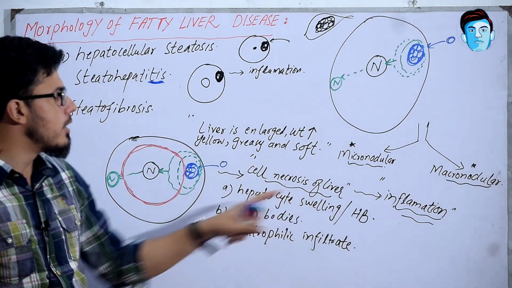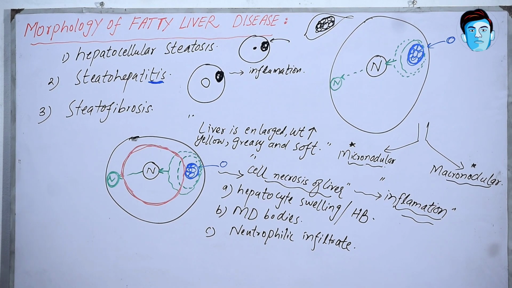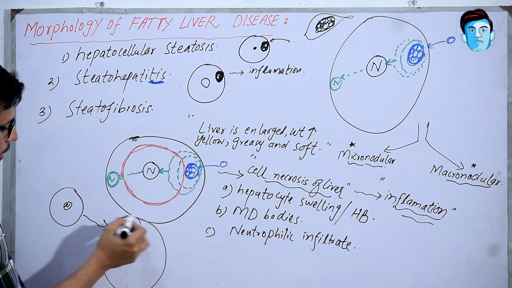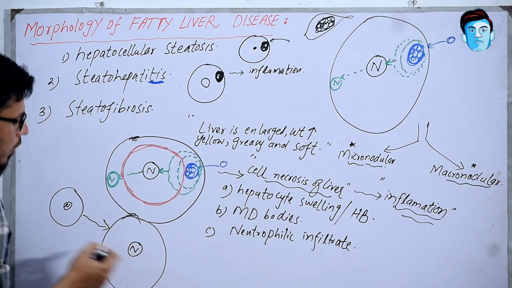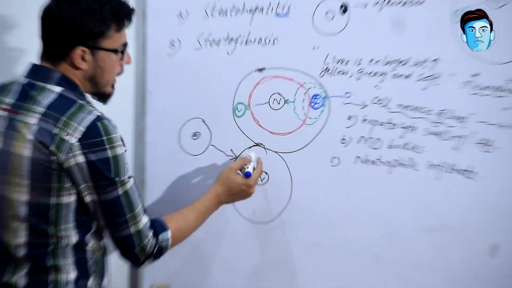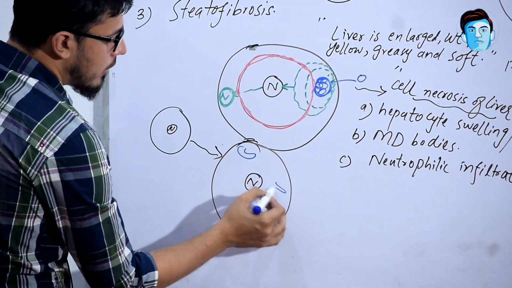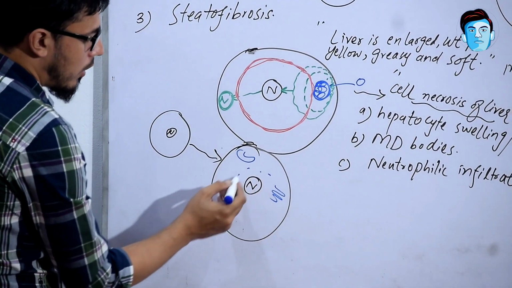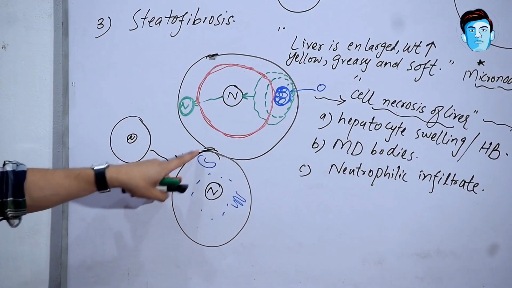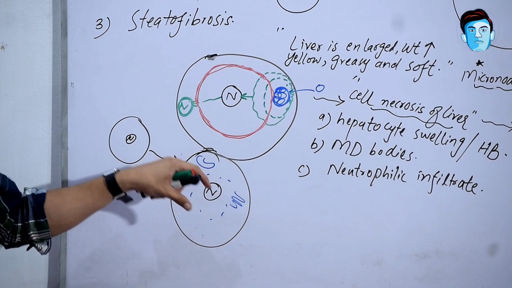Now in the hepatocyte swelling, what actually happens? Let's say this is a normal size of hepatocyte. In this phase, the hepatocyte swells and increases in size. Whenever the cell size increases, all the cell organelles, in the form of mitochondria, endoplasmic reticulum, and a lot of ribosomes, start getting degraded and broken down.